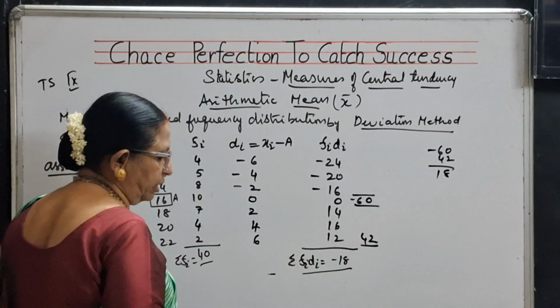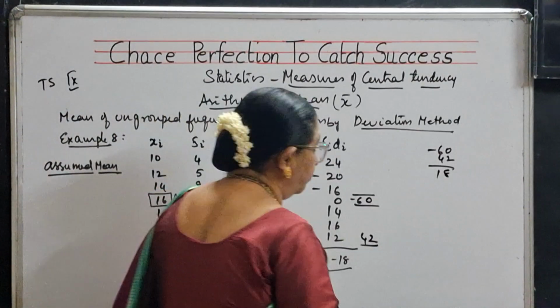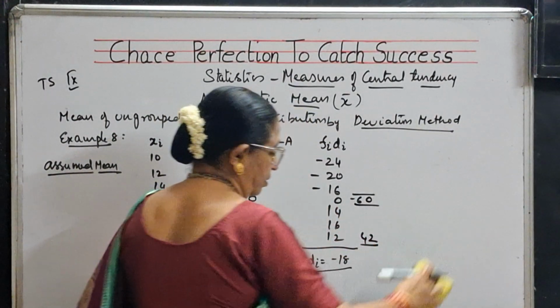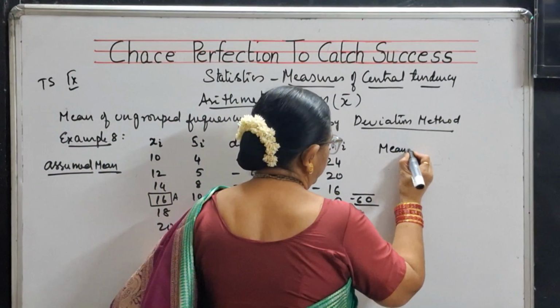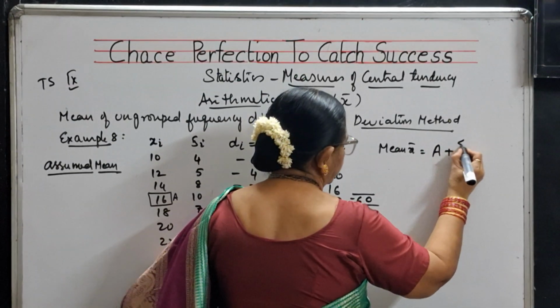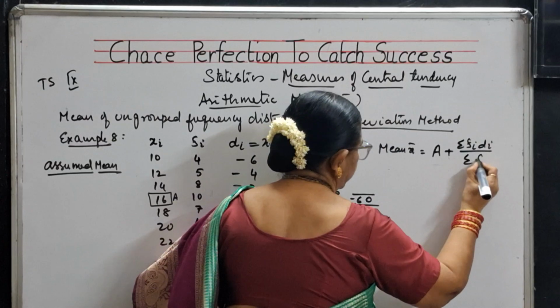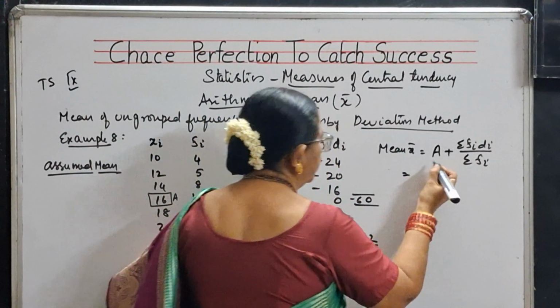Okay, now we need to find the value of the mean. The mean, that is x dash, is equal to assumed mean plus sigma fi di by sigma fi. This is the formula, children. What is the assumed mean?